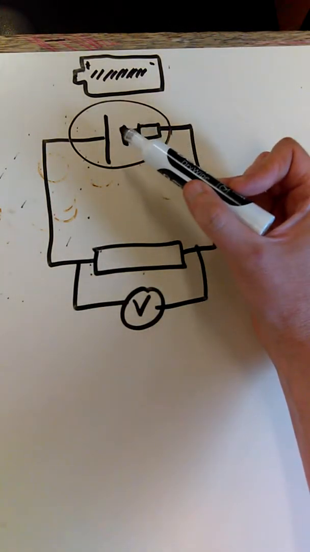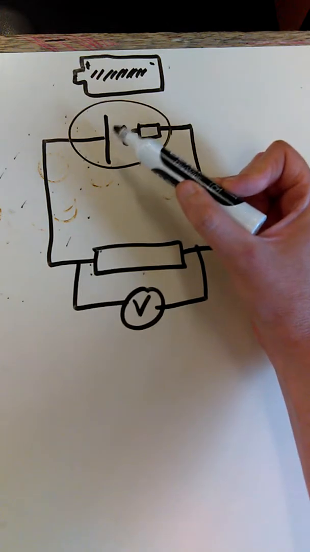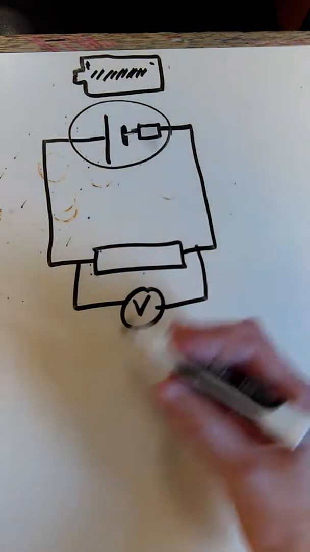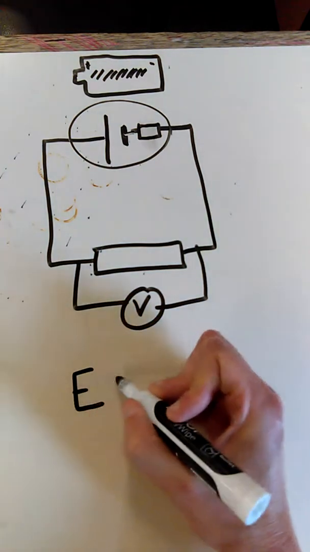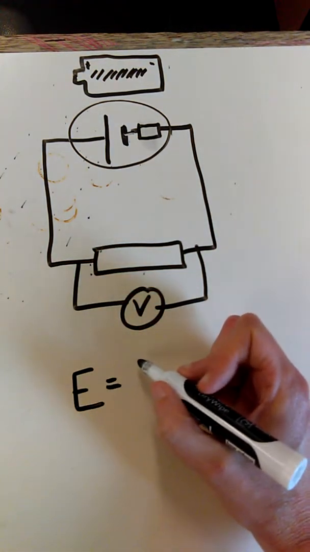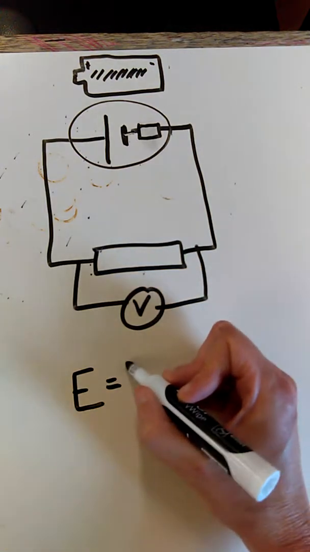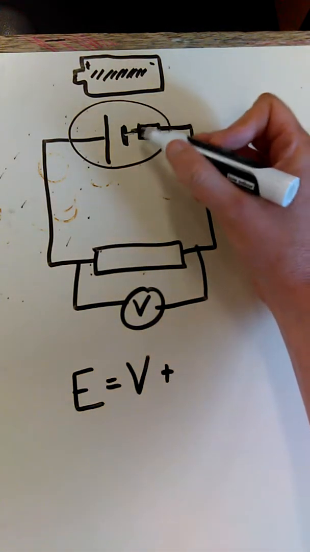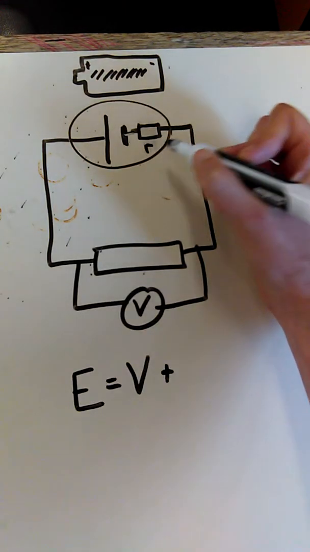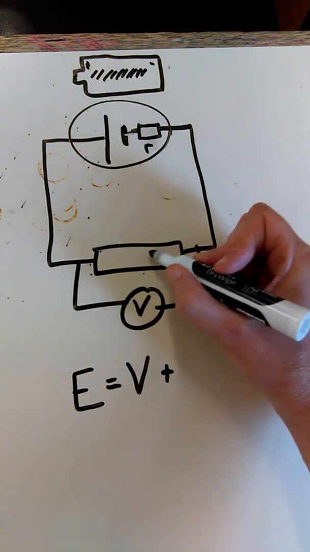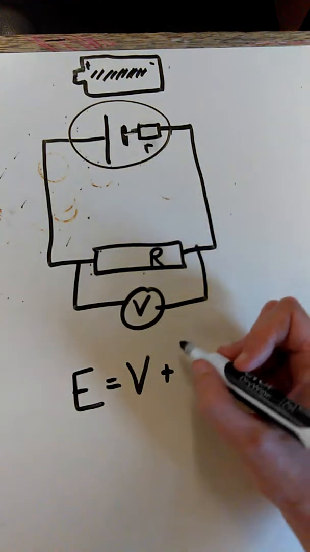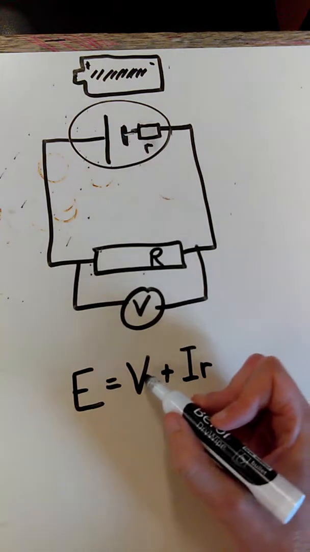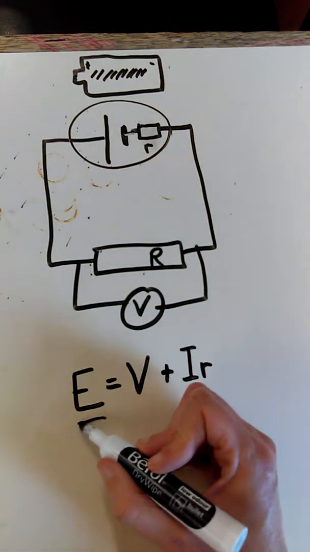So, Kirchhoff's law now, the EMF over this would be equal to the potential difference over this plus the potential difference over this. Well, we can write that out. So the EMF is equal to the sum of the potential differences. So that's V, the potential difference over that, plus the potential difference over that. Now, we call the internal resistance lowercase r, and we call the resistance of the circuit uppercase R, so we could just write that as V plus Ir, where this is the potential difference over the resistor.